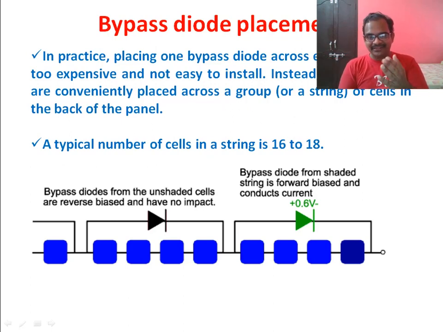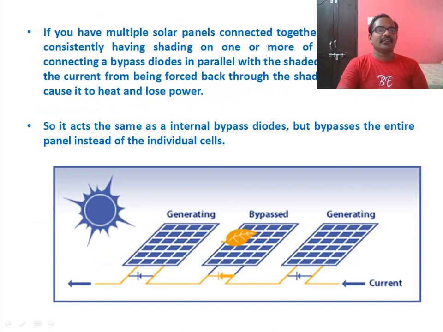You can see in the diagram, the bypass diodes from the unshaded cells, the black ones, are reverse biased and have no impact, whereas the bypass diode from a shaded string is forward biased and conducts the current, and this current bypasses the movement towards the shaded cells. That's why it is called a bypass diode. It bypasses the current without flowing through the shaded cells. Inside a panel they will be connected like this. Fine, that is about the panel.